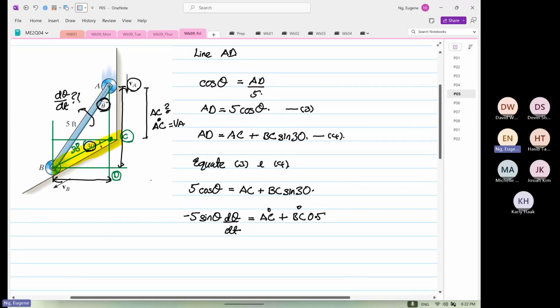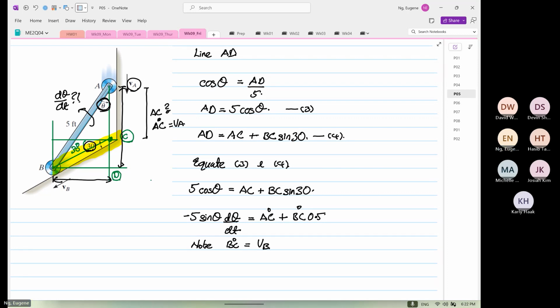And we know that BC dot, this is also equal to your VB, right? And we also know that AC dot is equal to minus 6.